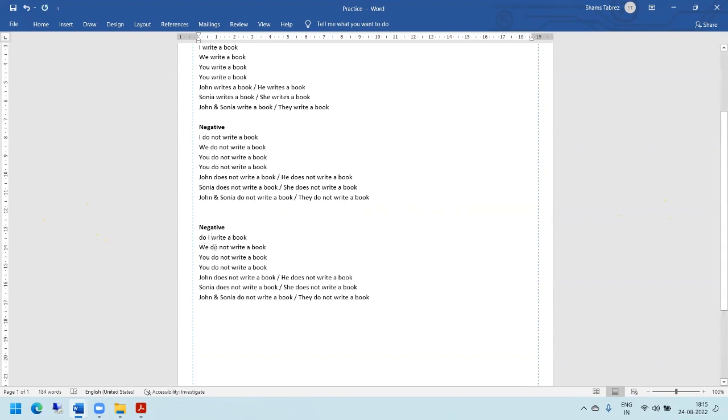Then similarly, do we write a book? Let me correct this one, because it is the start of the sentence, so we use the capital letter.